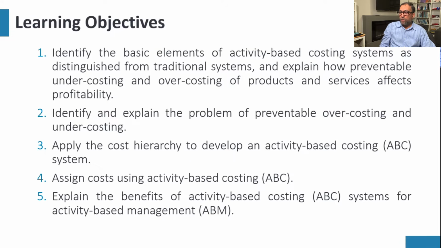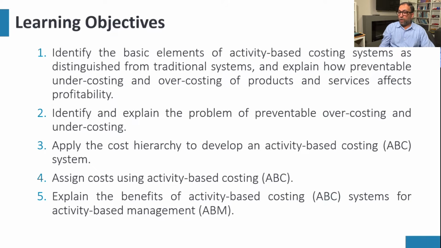The reason for adopting the ABC method is that we can reduce the undercosting and overcosting of a product or a service. That's not only relevant to products, but also to services. At the end of the chapter, we also discuss that ABC costing is not applicable only to manufacturing, but also to service industries like hospitals, transportation and so on.